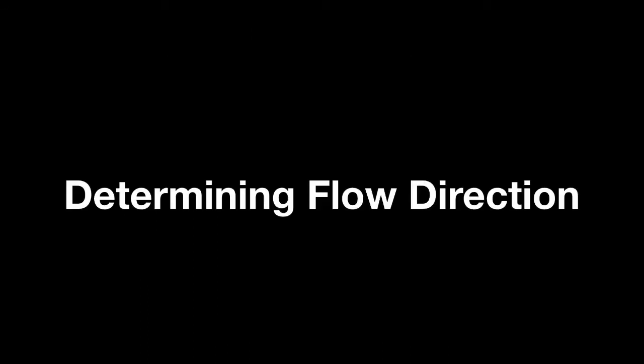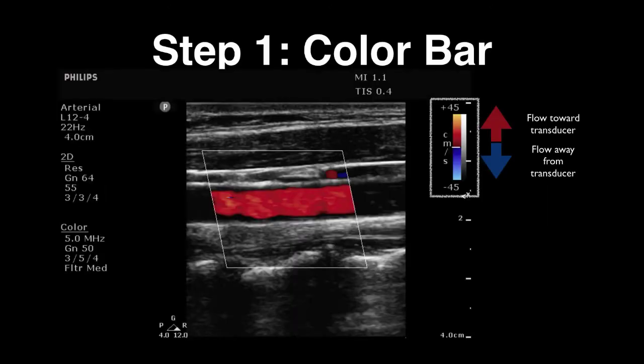Now that we've covered velocity, let's look at how to determine flow direction, since this is the other key component of color flow Doppler. So step one in determining flow direction, we're going to want to look at our color bar, and we're going to want to look at the colors.